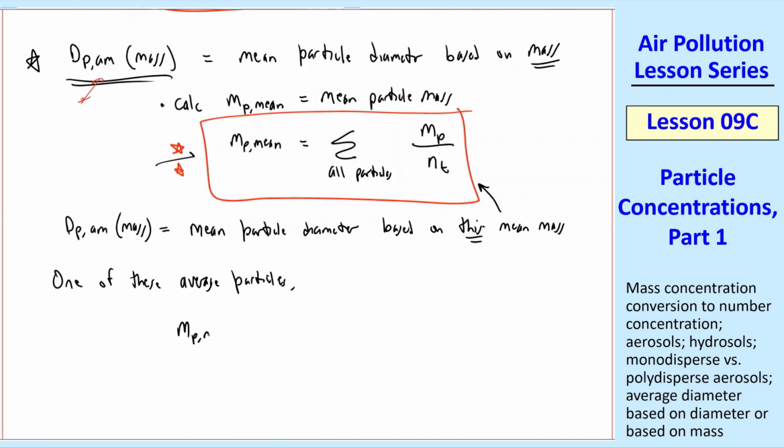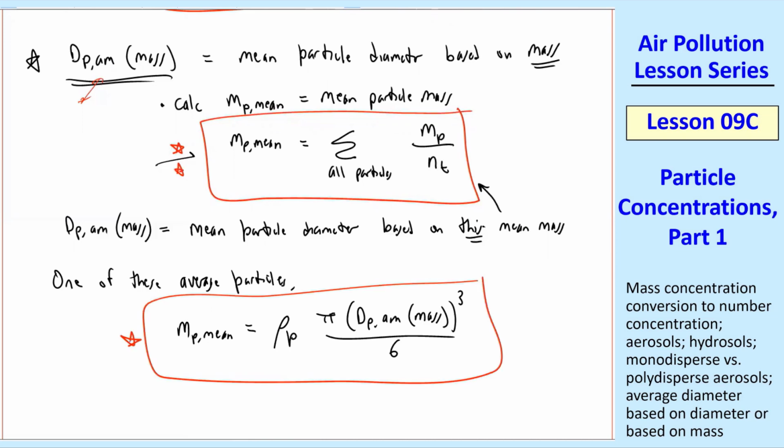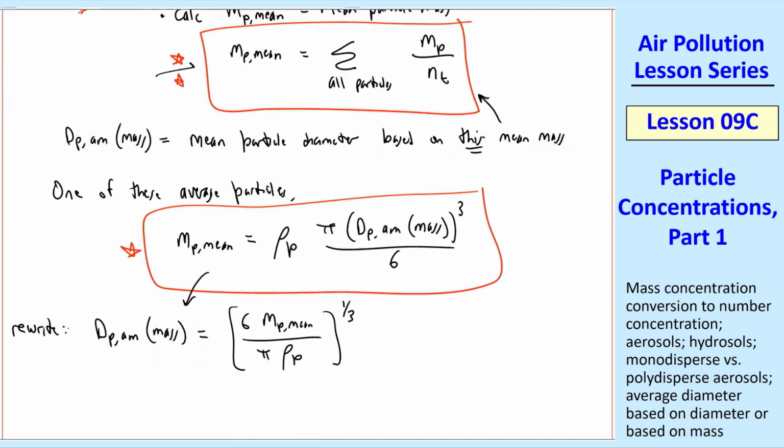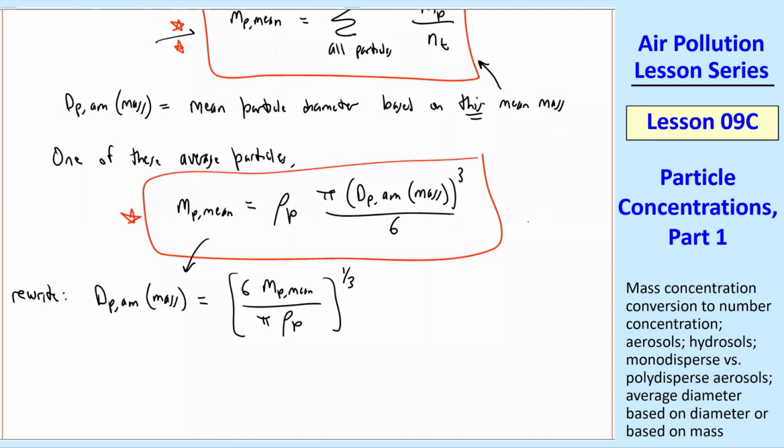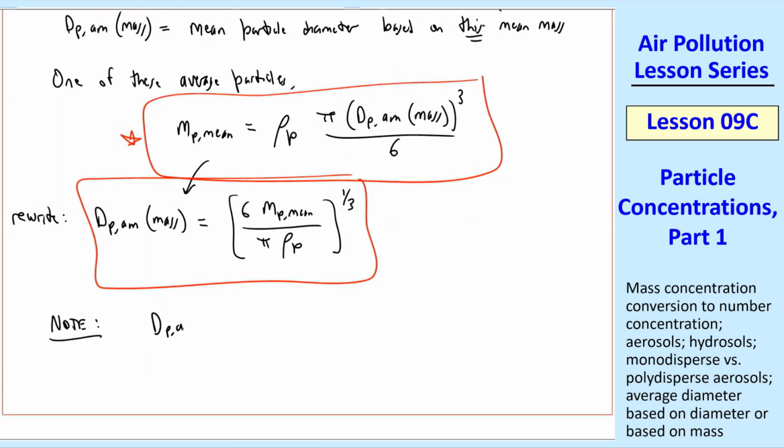So MP mean is equal to rho of the particle times pi dpAM mass cubed over 6, the volume of a sphere that has a diameter that's equal to dpAM mass. So that's our equation for MP mean. Or we can rewrite this equation as dpAM mass is equal to 6 MP mean over pi rho, that quantity to the 1/3 power.